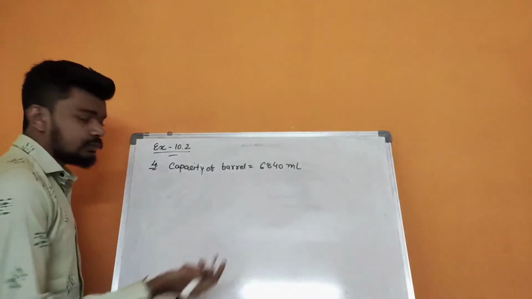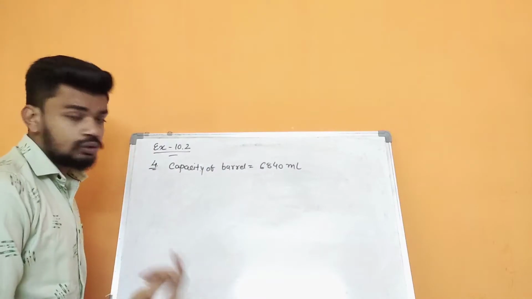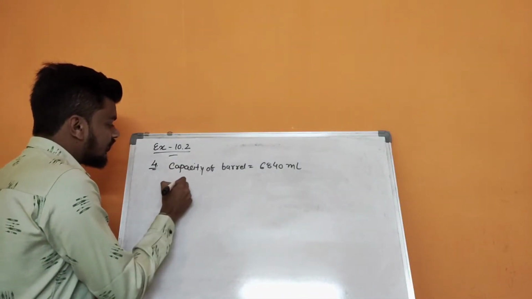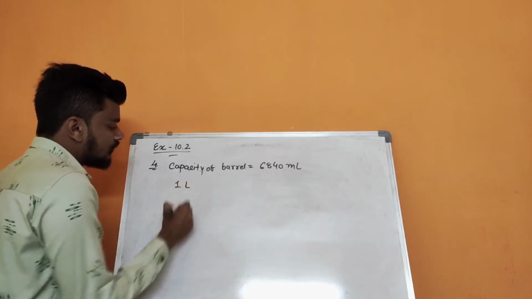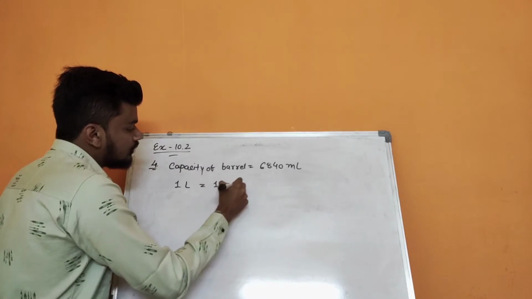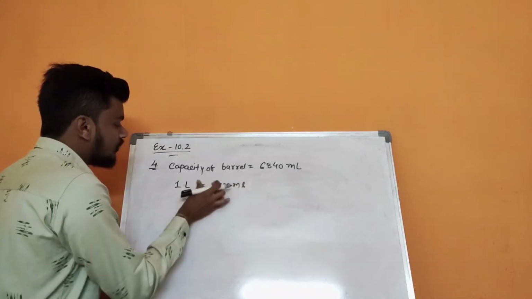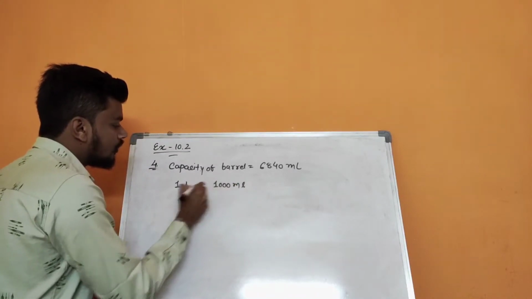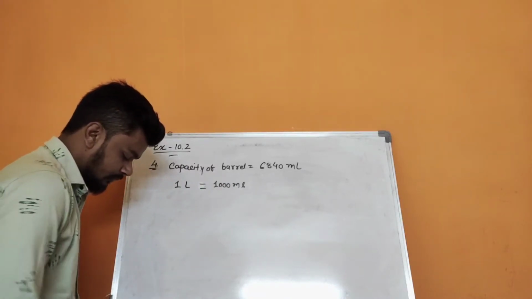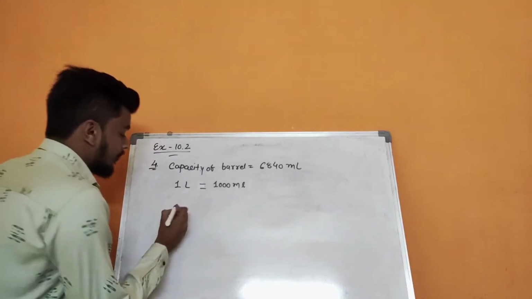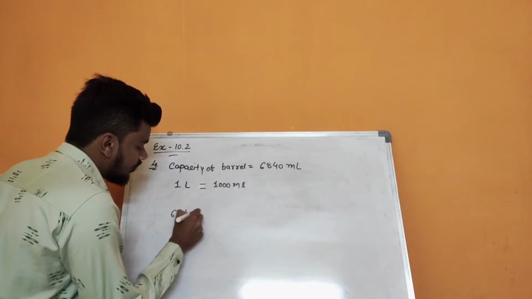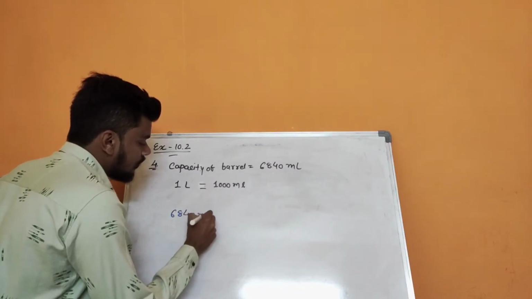As we know, we have two options for that. First, you know that 1 liter is equal to 1000 ml.